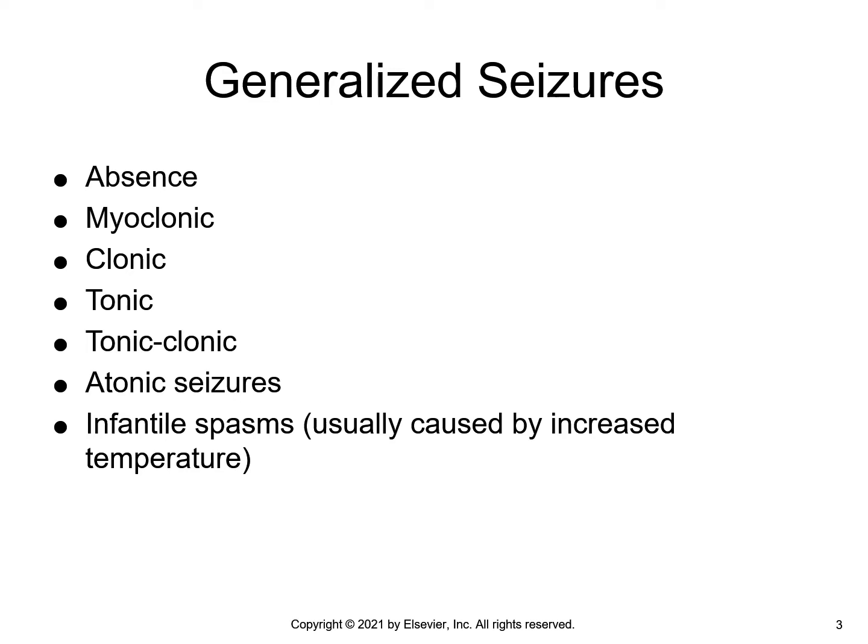Absence seizures may only last a few seconds. The onset is quick and sudden, there is no aura or warning, and no postictal symptoms. Seizures of this type tend to affect children between the ages of 5 to 12 and routinely disappear during puberty.